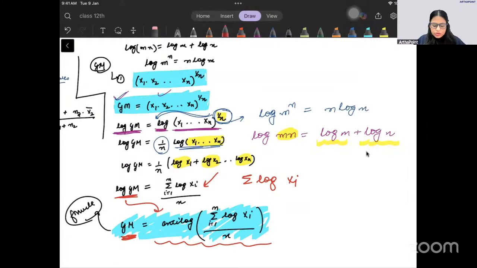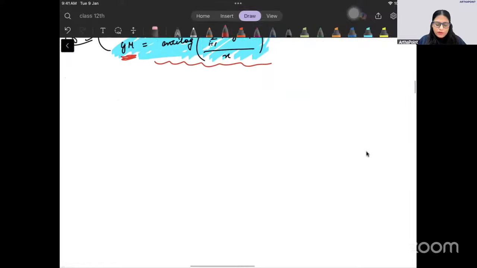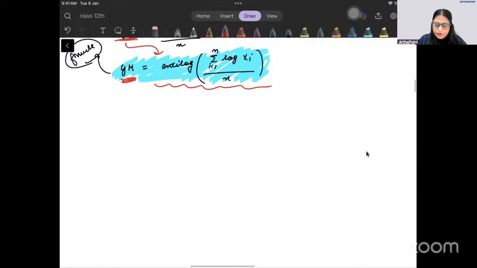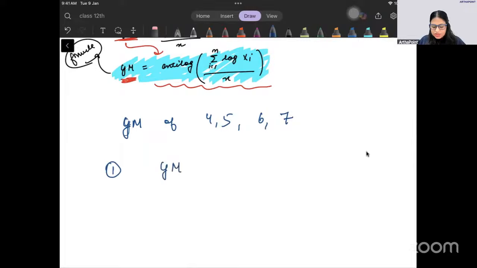It depends on what formula you want to use. For example, if I say find gm of 4, 5, 6, 7, method 1 will say gm is equal to 4 into 5 into 6 into 7 to the power 1 by 4.